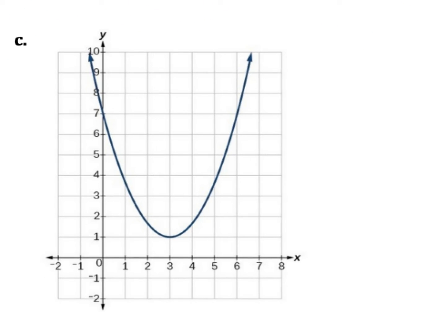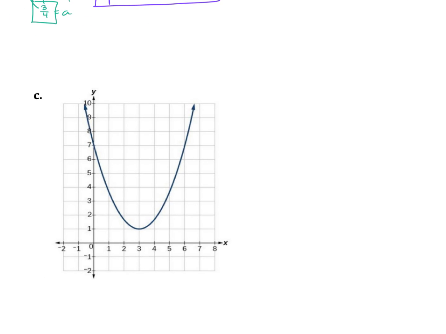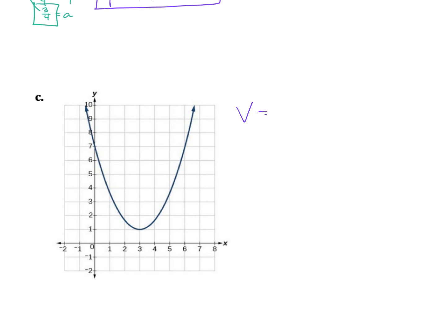Okay, last thing. It's the same type of problem. They just don't tell you what your stuff is. But let's think about it. If we're going to put this into vertex form, we need a vertex and some other point. Can you tell me the vertex of this graph? 3, 1, right? This point right here.